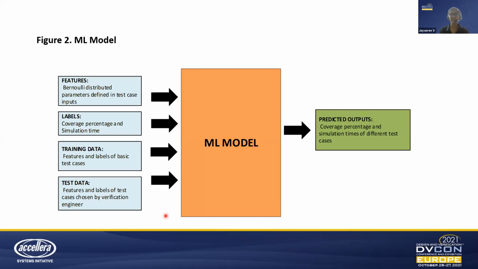The figure here gives a pictorial representation of the inputs and outputs of the ML model. Once the model is trained and validated with a known dataset, it can be used to predict the unknown values of coverage percentage and simulation time for the test dataset.